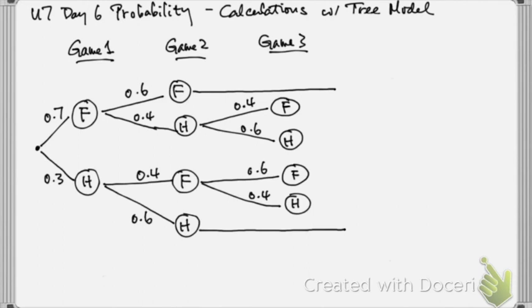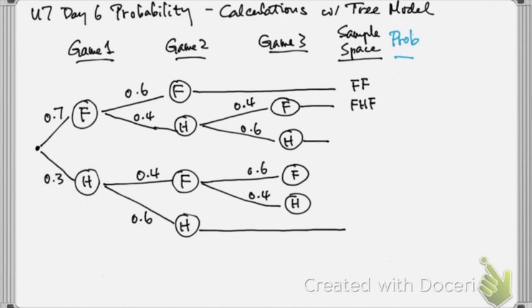Okay, and now let's do the outcomes. Listing down all the outcomes in the sample space. The first one is going to be FF, Fremont, Fremont. The second possible outcome is going to be FHF.